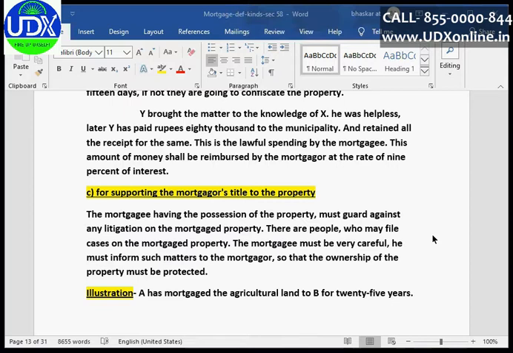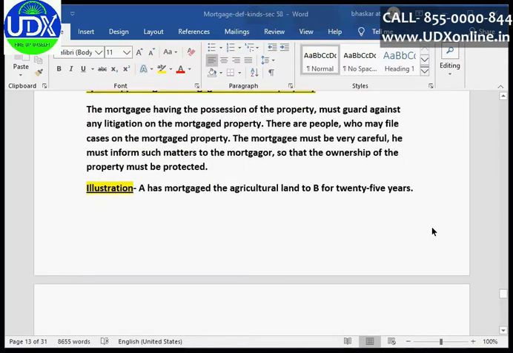So this is the caution that is required on the part of the mortgagee.